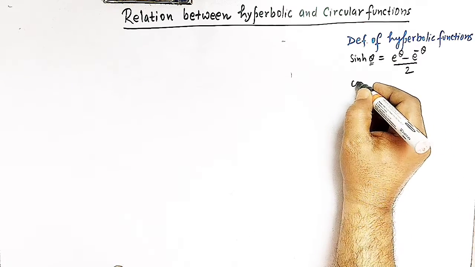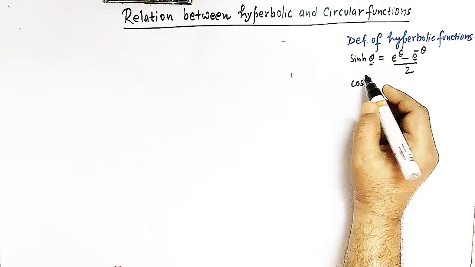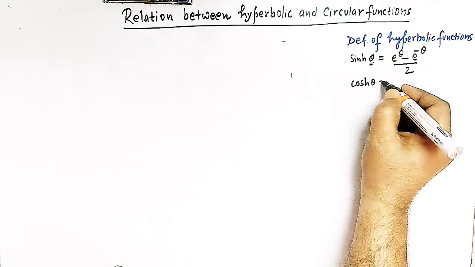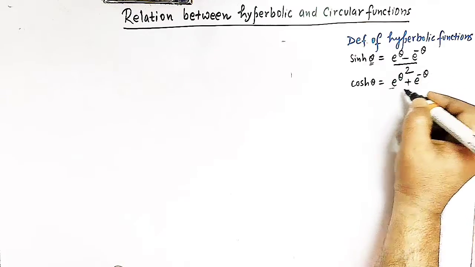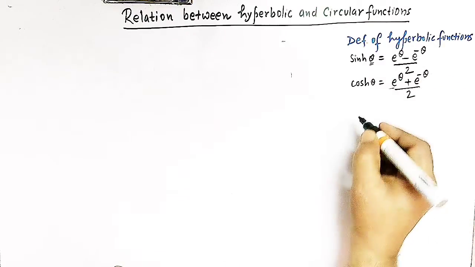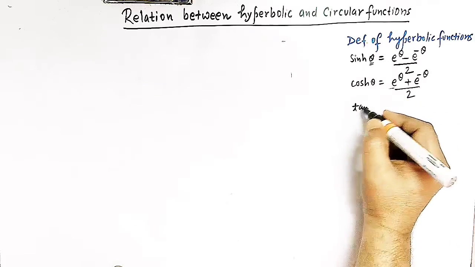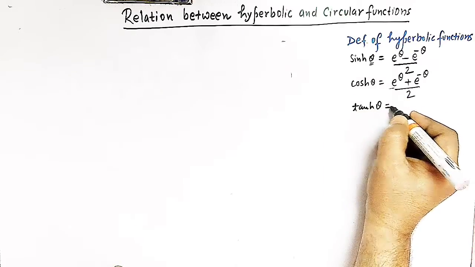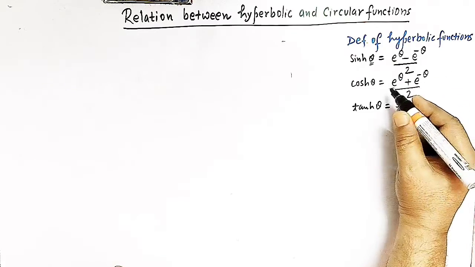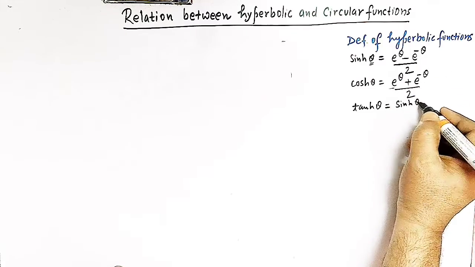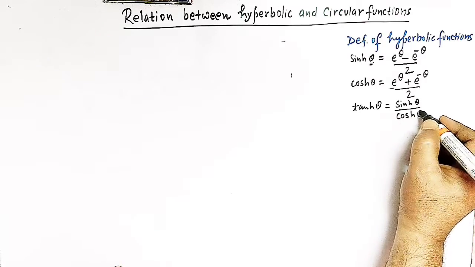And similarly, we can define the hyperbolic cosine of theta as e raised to theta plus e raised to minus theta over 2, and the hyperbolic tangent of theta is defined as the ratio of hyperbolic sine of theta and the hyperbolic cosine of theta.